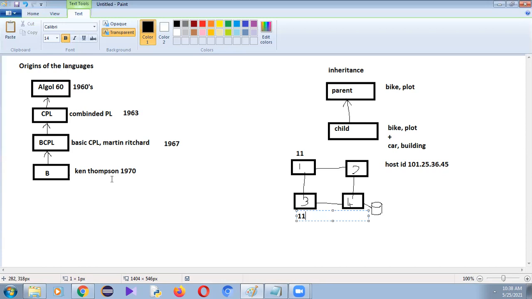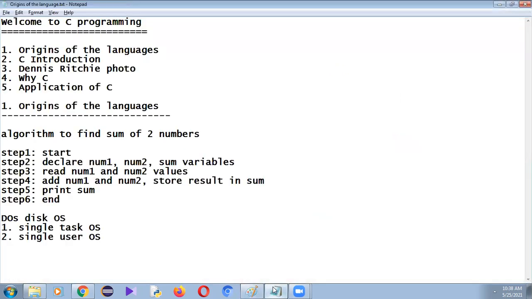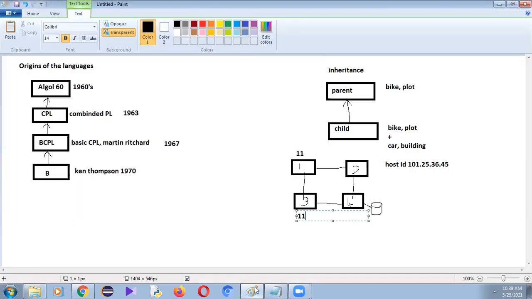So he invented the B programming language and he tried to invent one new operating system which offers features called multitasking and multi-user operating system. After struggling so many years, he invented an operating system which is called Unix.